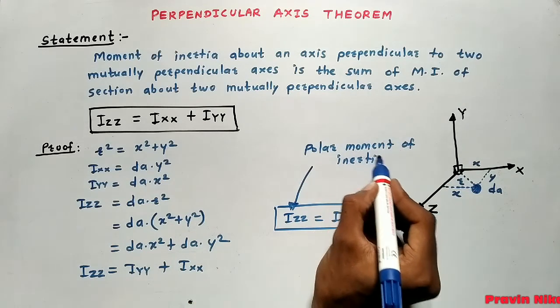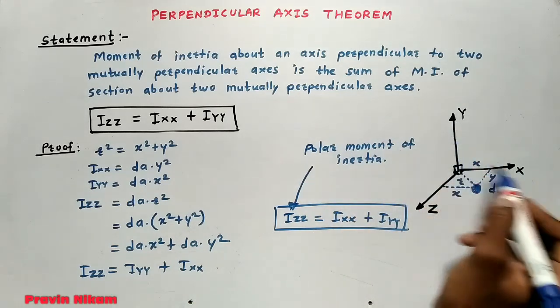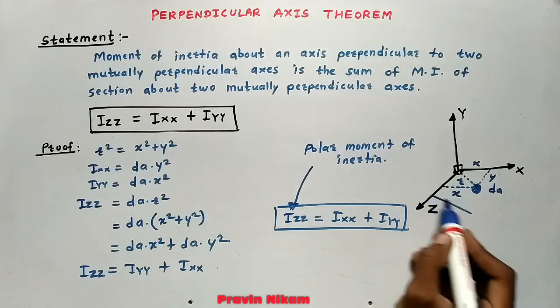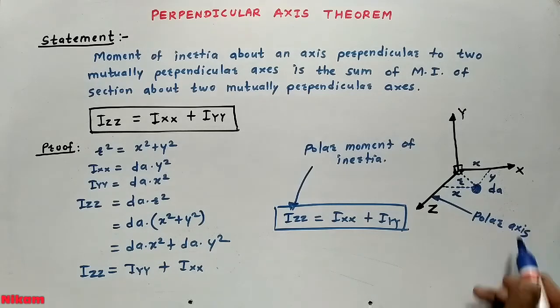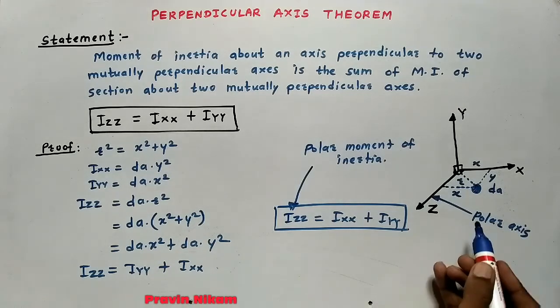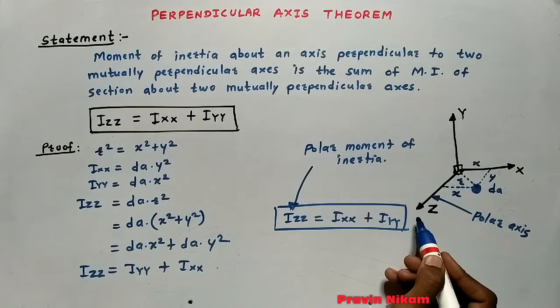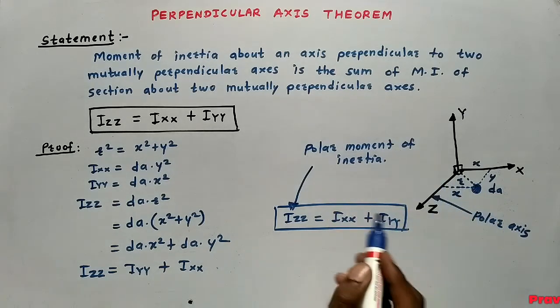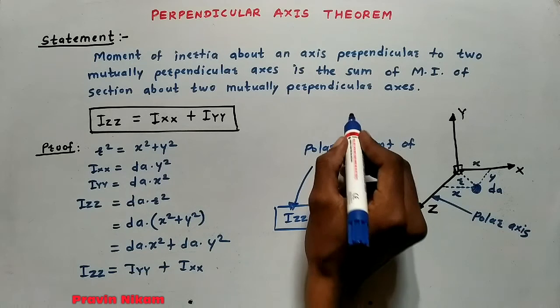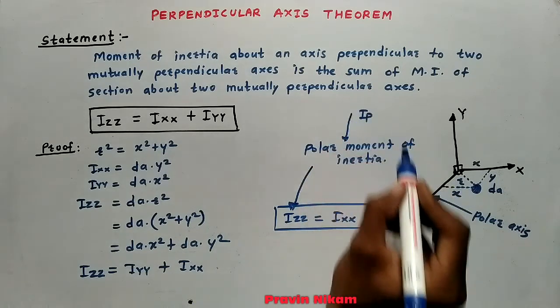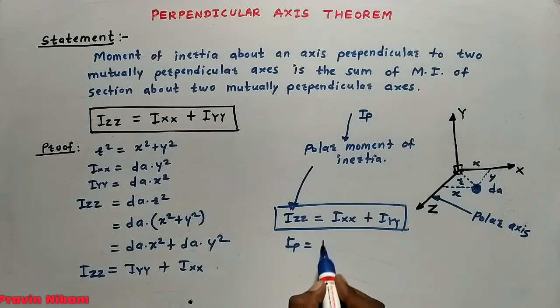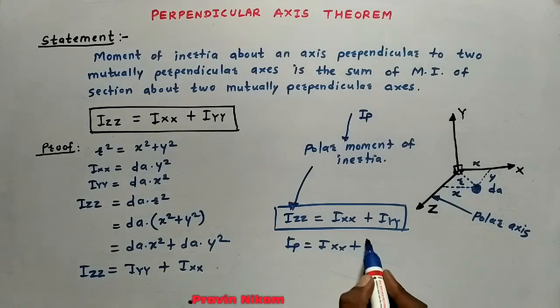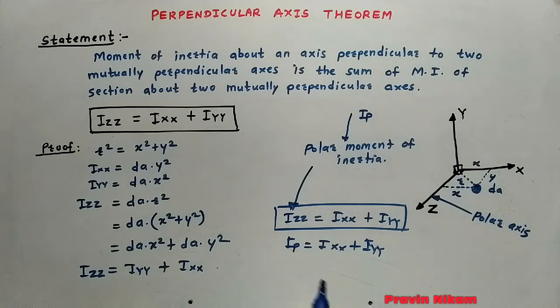Because the axis perpendicular to two mutually perpendicular axes is called the polar axis. So this z-axis is called the polar axis. Therefore moment of inertia about this axis is also called polar moment of inertia. It is denoted by Ip. So Ip is equal to Ixx plus Iyy. That is polar moment of inertia.